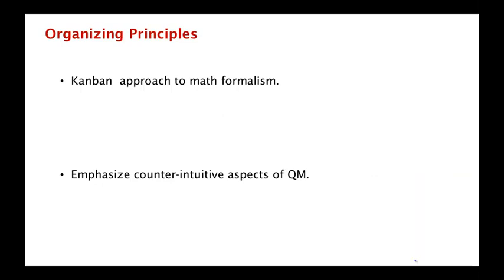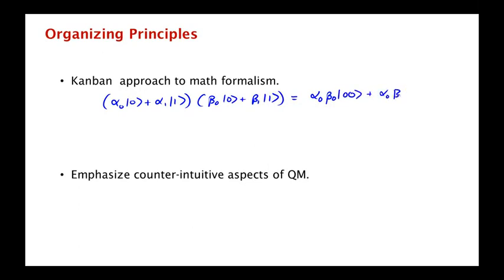So for example, when we talked about 2 qubits, I said, well, if you have the first qubit in this state, alpha 0 |0> plus alpha 1 |1>, and the second qubit in beta 0 |0> plus beta 1 |1>, then the state of the 2 qubit system together is alpha 0 beta 0 |00> plus alpha 0 beta 1 |01> plus so on.